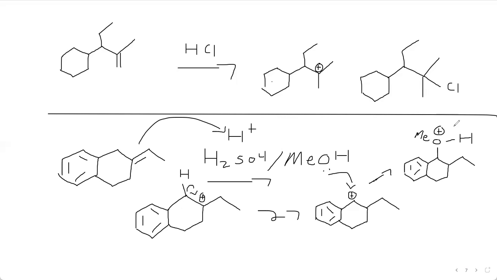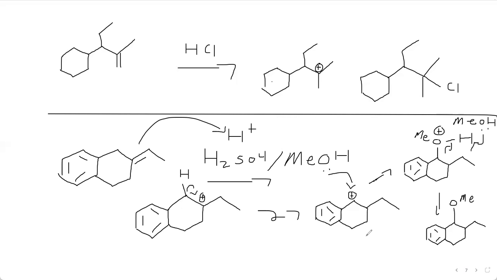And I need to take another molecule of alcohol to take away the H. Just like before, I don't have any water around, I have a bunch of alcohol around. And so my methanol is going to take away H, and I end up with an ether. And so my product is going to be OMe, which is O with one carbon, and then this.